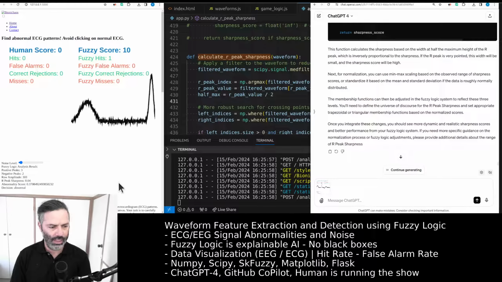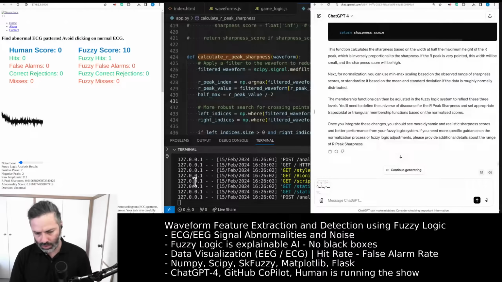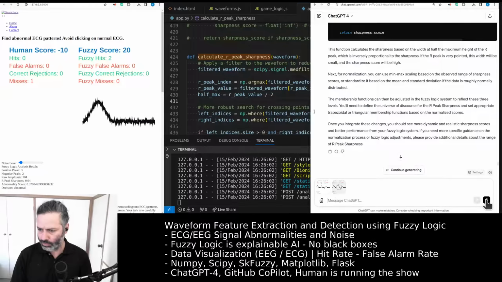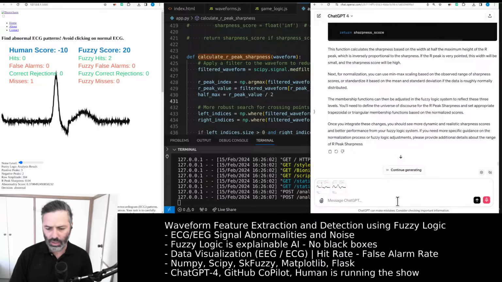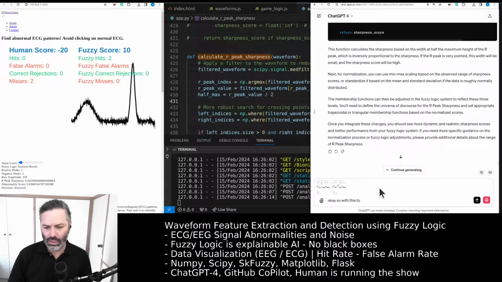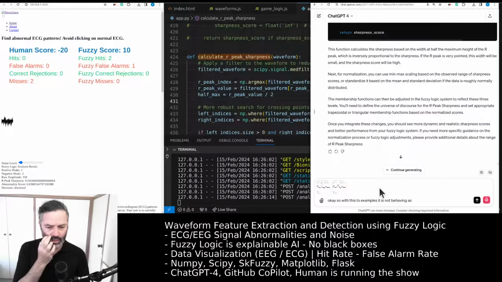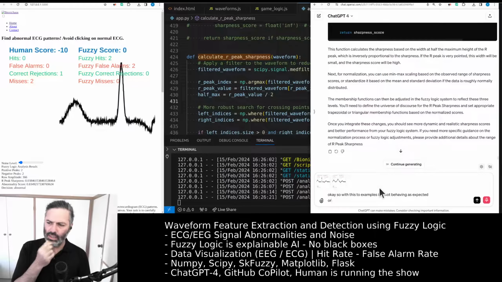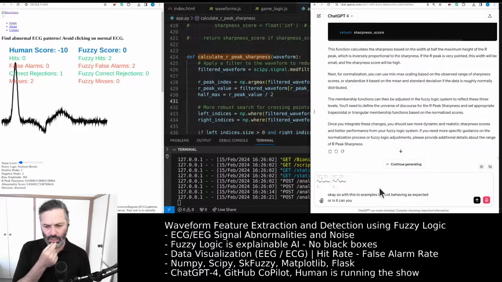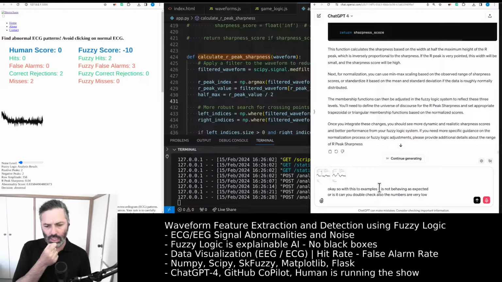Then we have the 0.1 or something. Yeah, this one. Okay, so with these two examples, it is not behaving as expected. Or is it? Can you double check? Also, the numbers are very low. How can we fix this?